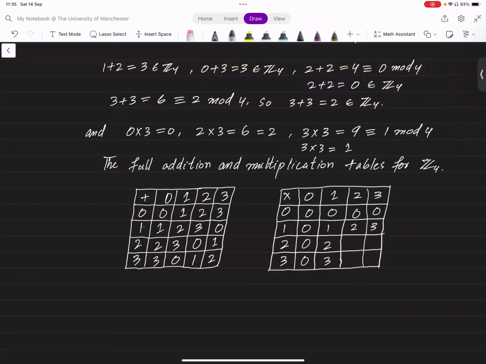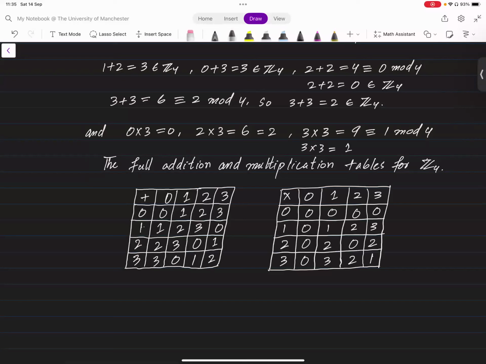Then we have 2 multiplied by 2 is 4, which is 0 again. 2 multiplied by 3 is 6, which is 2 again. 3 multiplied by 2 is 6, which is 2. 3 multiplied by 3 is 9, which is 1. Perfect.